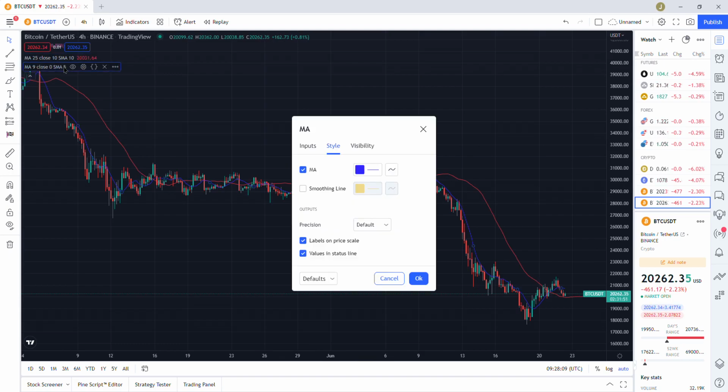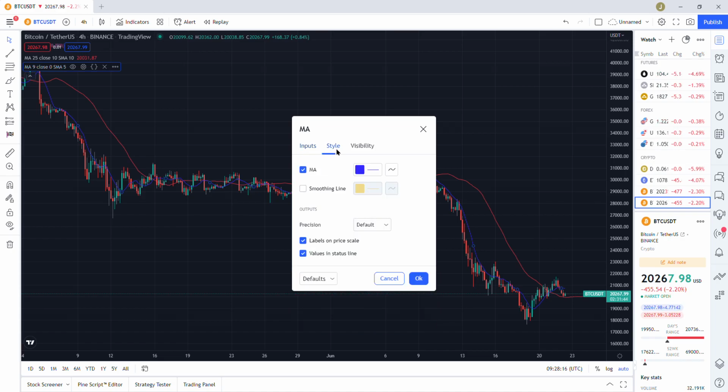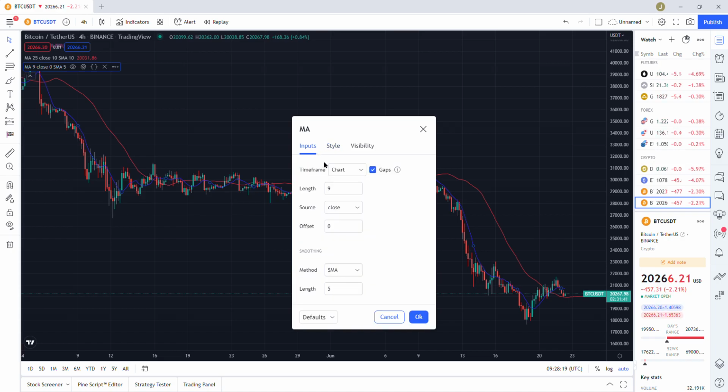All right, so we'll come to the second one. We need to edit it. We don't need to change the color for that one. We'll edit the input, so this should be 30. We'll make this 30. We'll make this offset 10, sorry, I'm confusing my numbers.